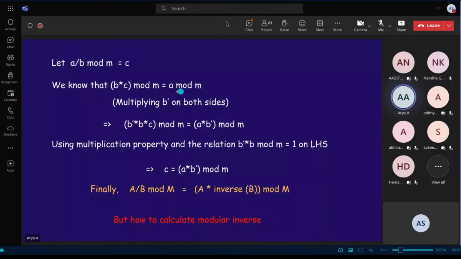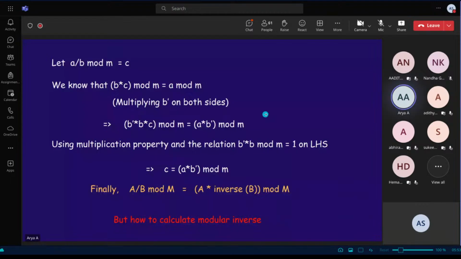You write it as b into c is equal to mq plus a mod m, a similar kind of equation to the one on the first slide. If I say a mod m equal to b, I can write a as mq plus b. You write a similar equation like that, and then you multiply b prime on both sides of that equation, and then you take mod m on both sides. If you try it out, you will end up with this.